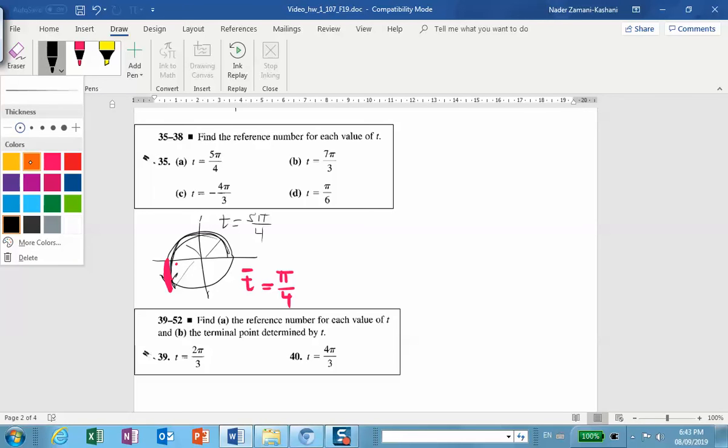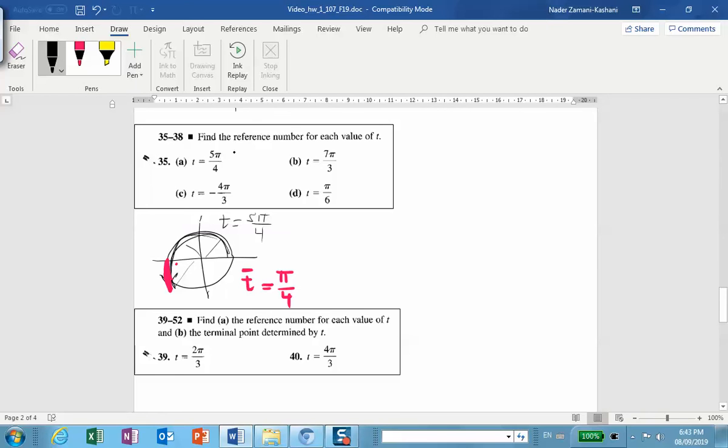All right, we did this one. Let's go and do this one. Let me draw that. Remember, 7 pi over 3 can be written as 2 pi plus pi over 3.